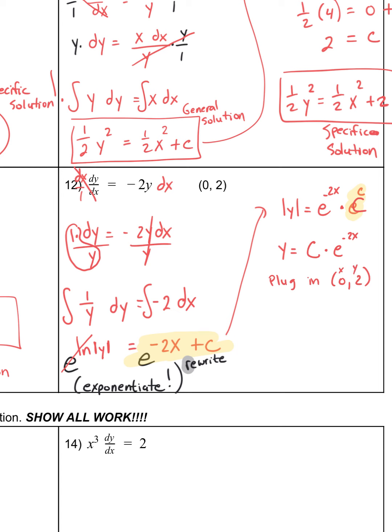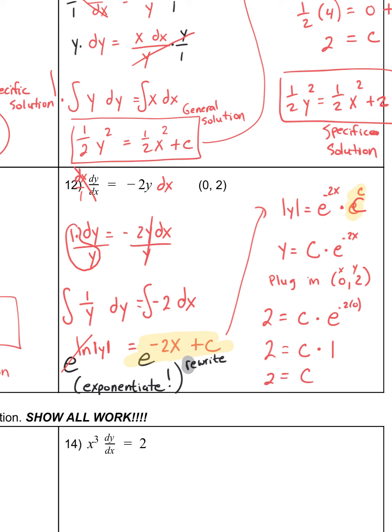So 2 is equal to c times e to the negative 2 times 0. And now I can solve for c. So 2 is equal to c times 1. 2 times 0 is 0. Anything to the 0 power is 1. So c times 1 on the right gives me c. So c is equal to 2.